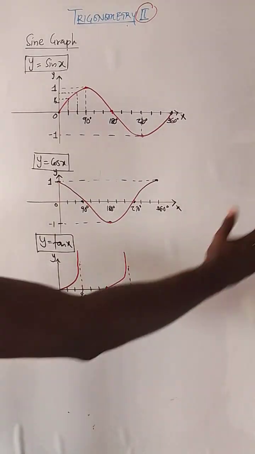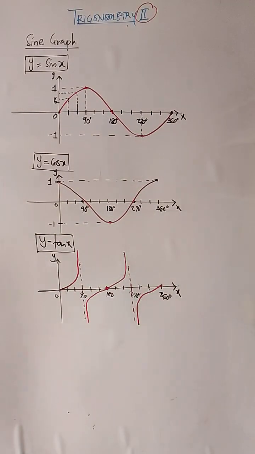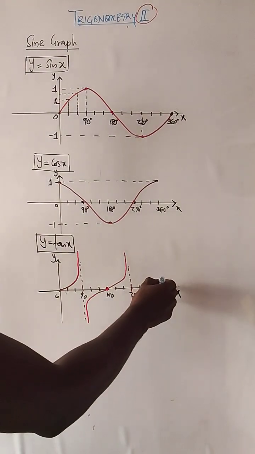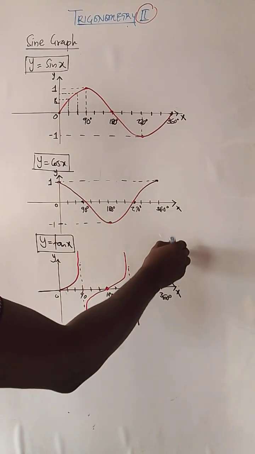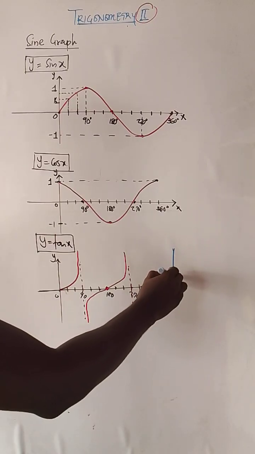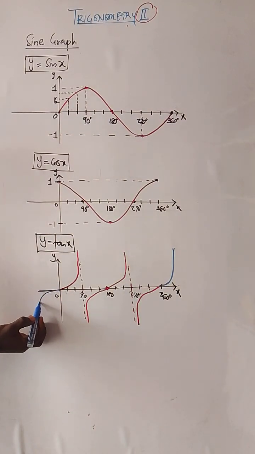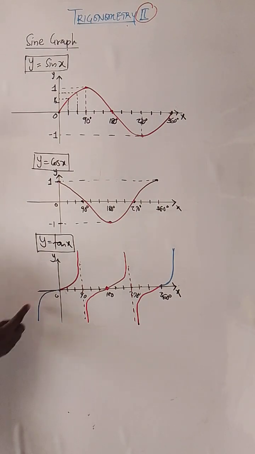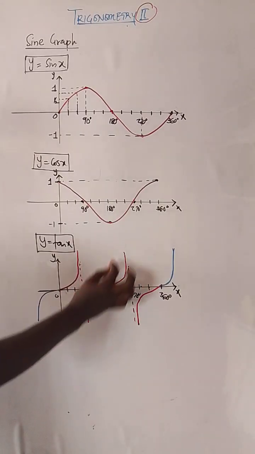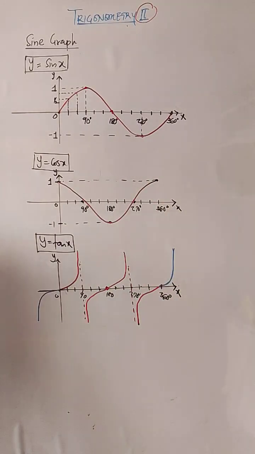If you have to move above 360, the graph will continue. Then we are going to have something like this, continuing that way. While this one, if we go to the negative side, it continues this way. Can you see? It's like we're having a shift, 180, 180, like that.